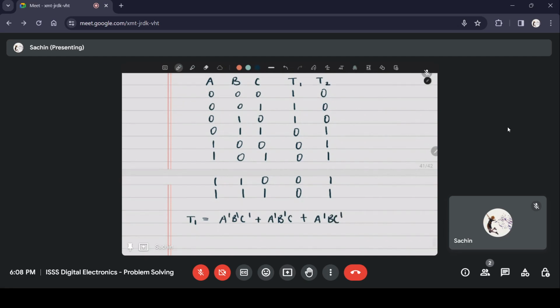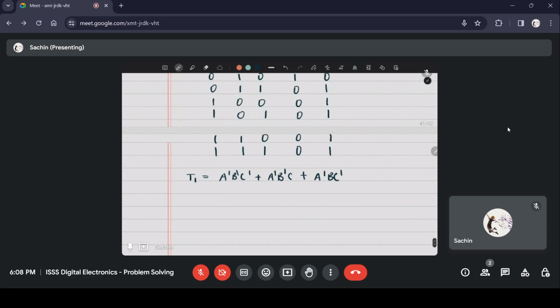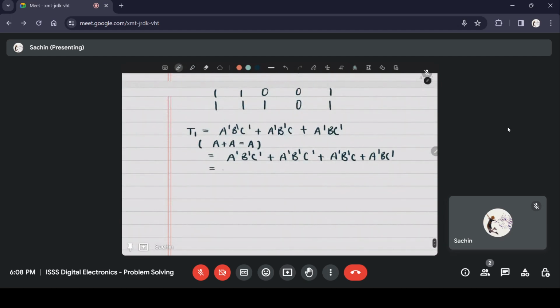Then to simplify this, a plus a equals a in Boolean algebra, so we can write this as a prime b prime c prime added twice plus the remaining terms, and then we can group as follows.